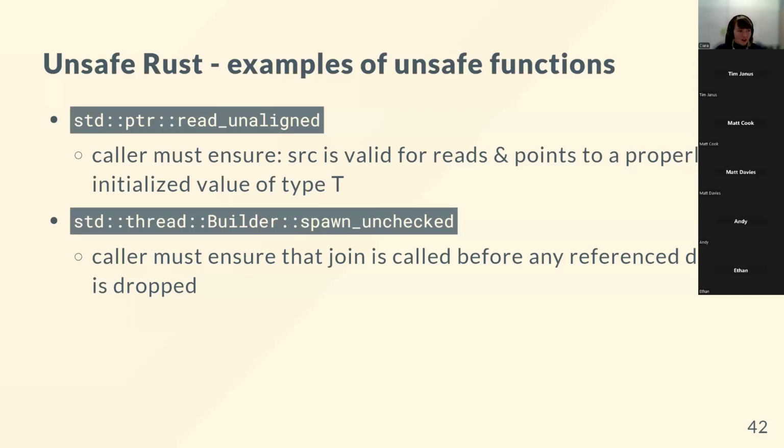There's also unsafe functions that, again, just couldn't exist in safe Rust. So for example, read_unaligned. If you're using read_unaligned, then the caller has to ensure that the source is valid for reads and points to a properly initialized value of T. And interestingly, there was a recent CVE talking about using repr(packed) on structs, the order of that not being guaranteed.